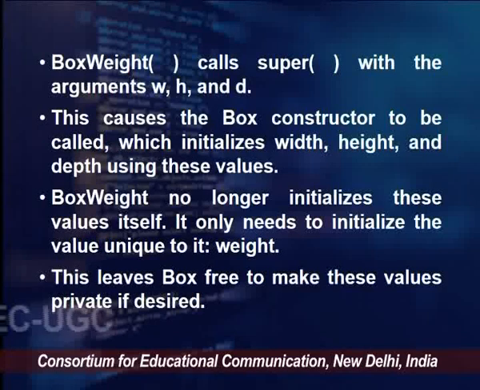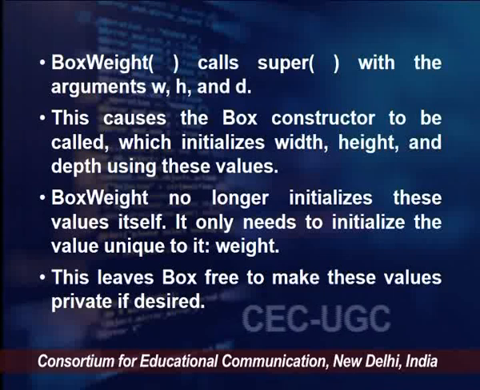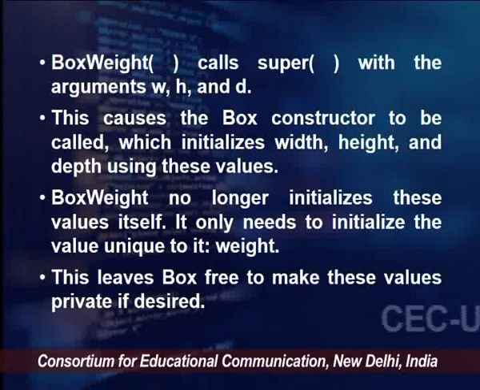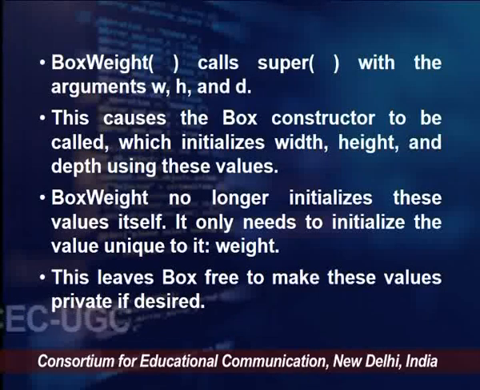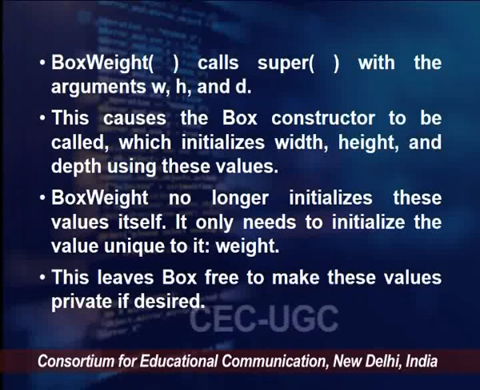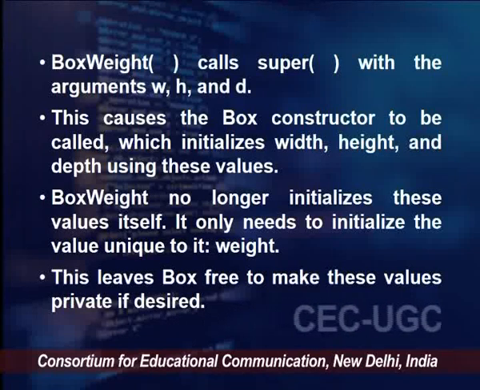It only needs to initialize the unique value which is a variable of its own, and that variable is nothing but weight. So what is the advantage here? The advantage is we have removed the redundancy of the code, and this leaves Box free to make these values private if desired. Even if these values are private inside Box, that is perfectly fine, because they can be used with the help of super.